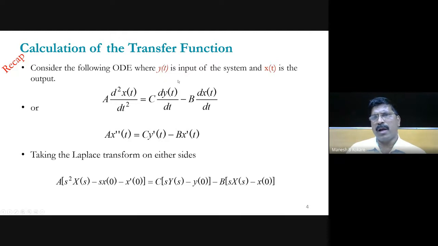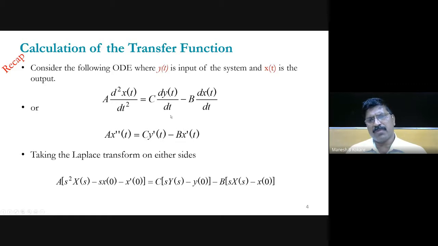Input x of t should be the input and y of t should be the output, right? So this system is given by a mathematical model like a into d2x of t by dt square equal to c into dy of t by dt minus b into dx of t by dt.